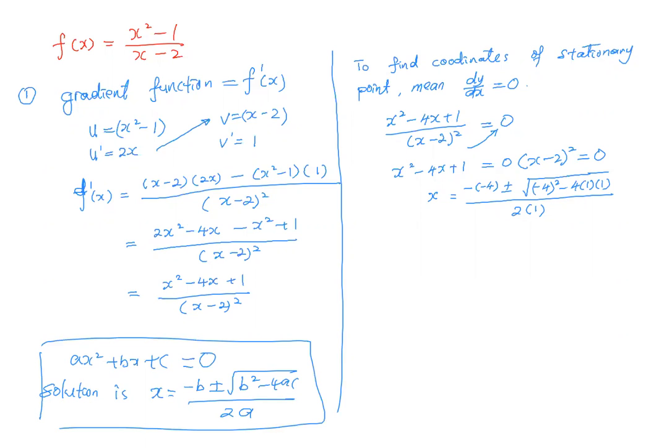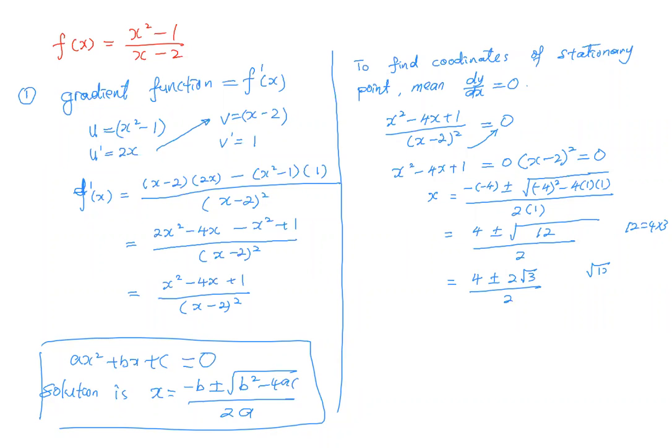So this is 4 plus or minus, you can use your calculator, so this is 12 over 2. 12 is 4 times 3. So this is 4 plus or minus 2 root 3 over 2.